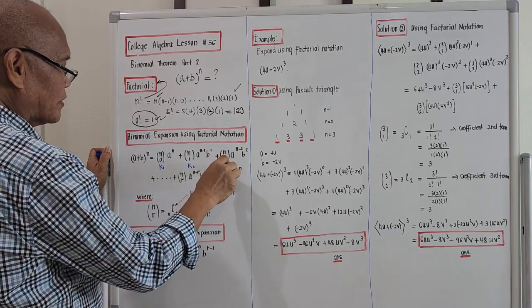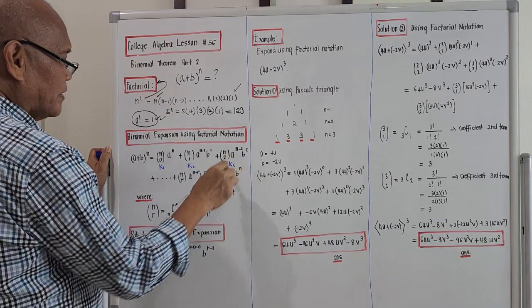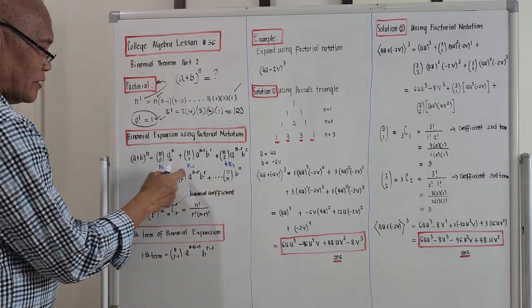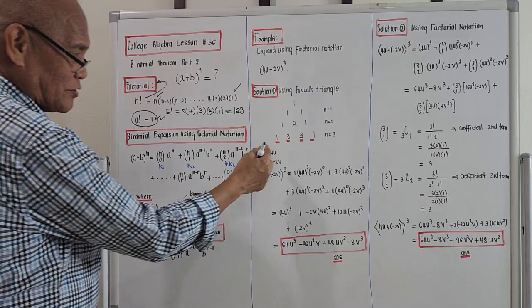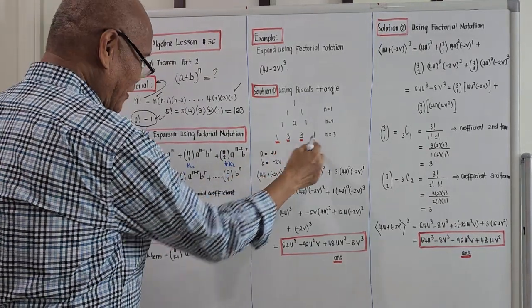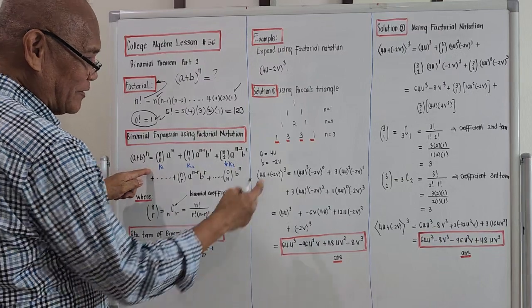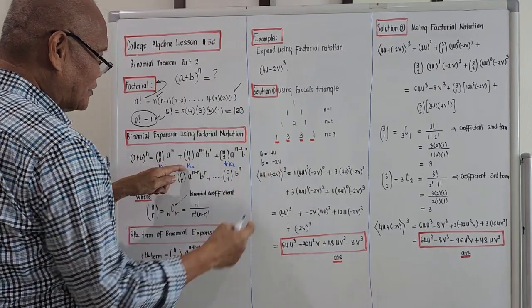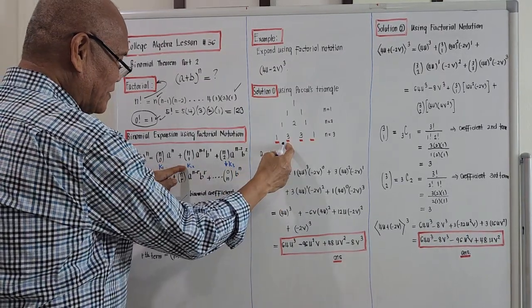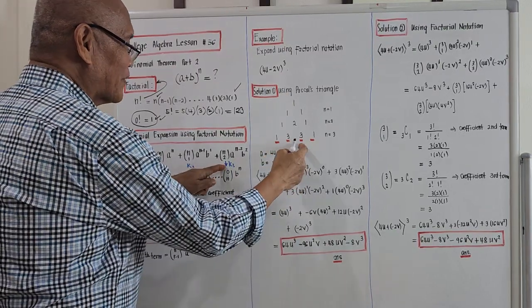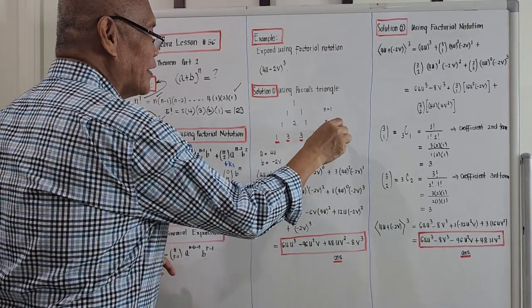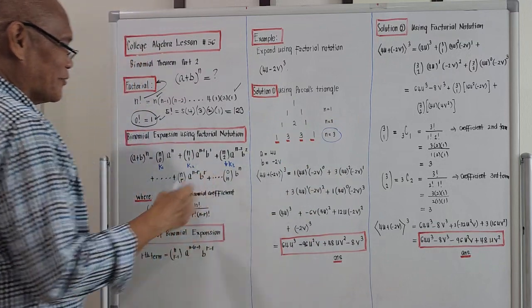And this will be K3. Okay? This K1, K2, and K3 correspond to the coefficients on the Pascal's triangle. Right? So this K1 might refer to this, and this K2 might refer to this, and this K3 might refer to this, if the value of n is equal to 3. That's the meaning of this.